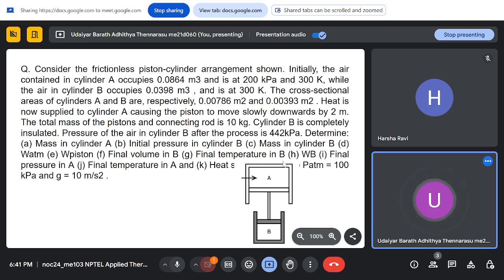Now what you have to determine is the mass in cylinder A, the initial pressure in cylinder B, the mass in cylinder B, the work done by the atmosphere, the work done by the piston, and then the final volume in B, final temperature in B, and the work done in B. Multiple parts: final pressure in A and final temperature in A, and the heat supplied, when atmospheric pressure is 100 kilopascal and g is 10 meter per second square.